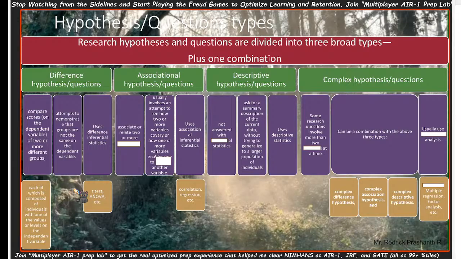On the non-parametric side, we can have median test, right? So you have Mann-Whitney U test, you have Kolmogorov-Smirnov test. So there are like various non-parametric versions. Right. So any doubts with difference hypothesis? You need at least one single dependent variable, because if you have multiple, it'll become something else. We'll talk about that. And you need at least two groups.